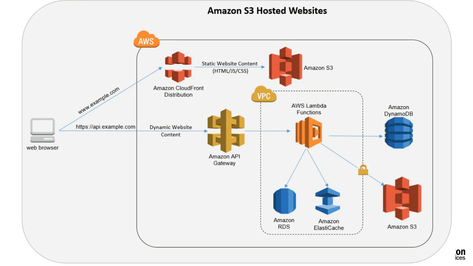Here when a browser makes a request to open a certain website, it goes to Amazon API Gateway, and passes through the virtual private cloud where your application resides.